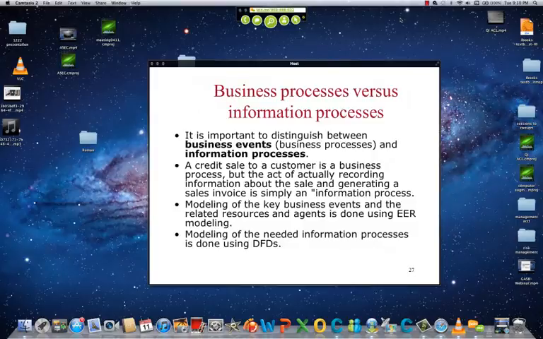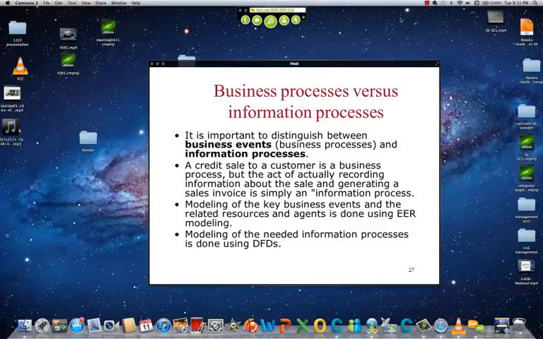Anyway, before we talk about REA in detail, in steps of REA, let's also discuss what are business events versus information processes. Business events are events which create information.